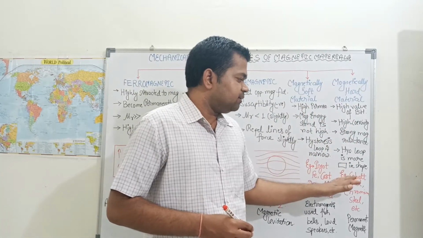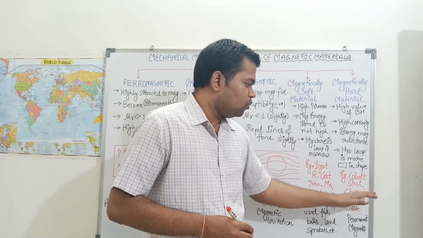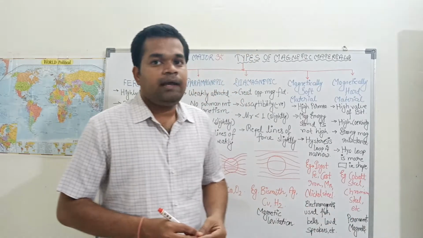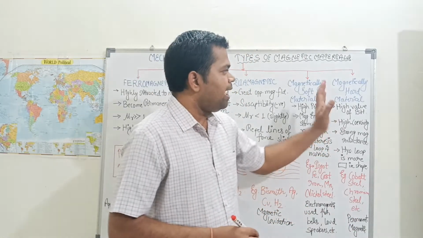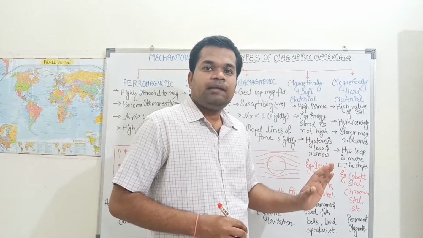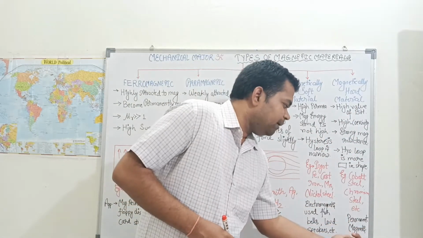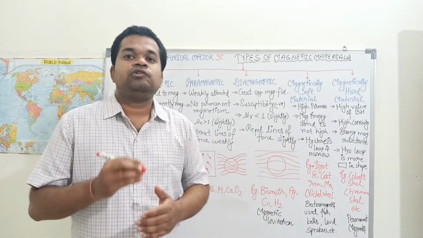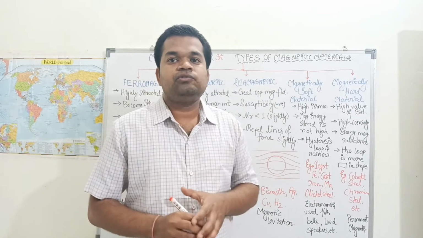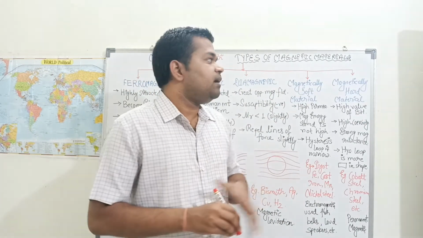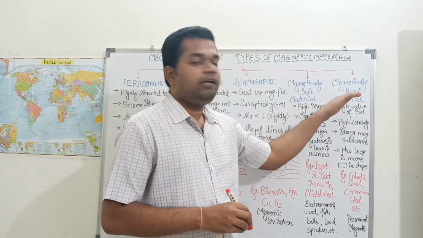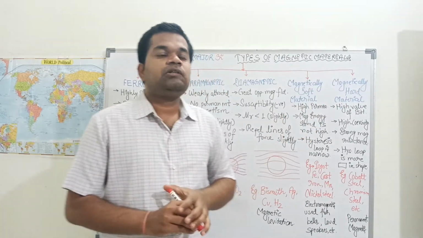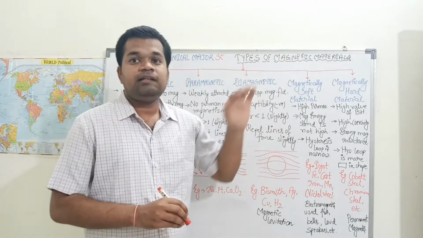If we talk about the examples, cobalt steel, chromium steel, etc. are the examples, and a very important application is that they are used for making permanent magnets. So permanent magnets are made from magnetically hard material. So this is all about the types of magnetic materials.